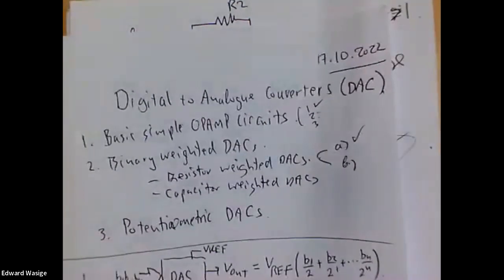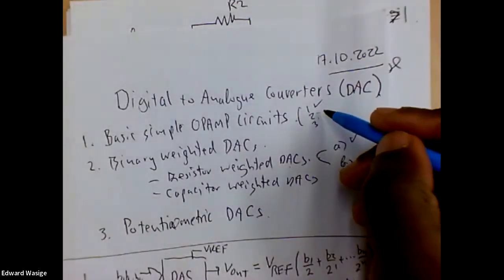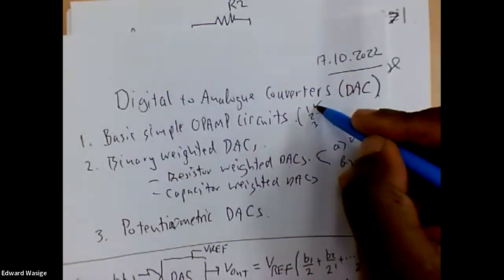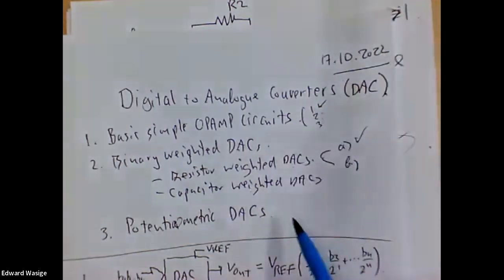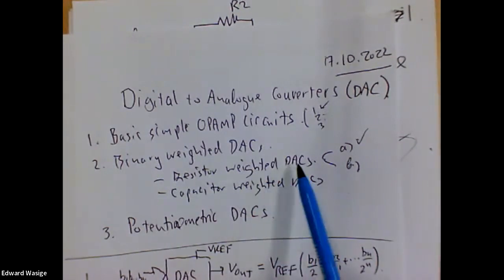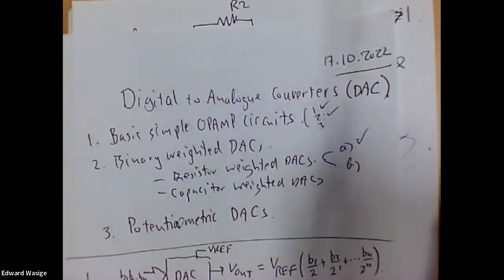So just as a reminder of where we are, the first of the simple circuits is the summing amplifier, and we've already used it to do the first weighted DAC, the binary weighted resistor DAC. The second one is the voltage follower with no amplification.